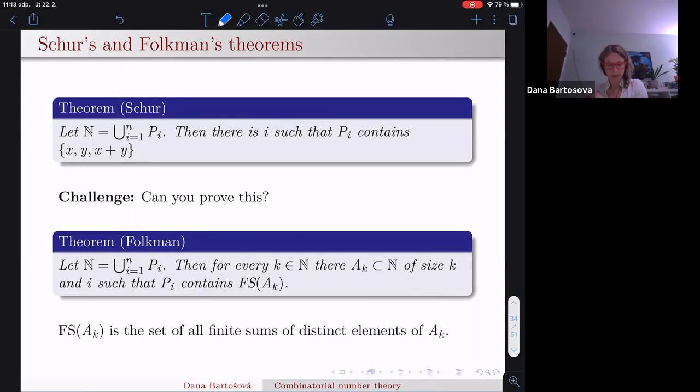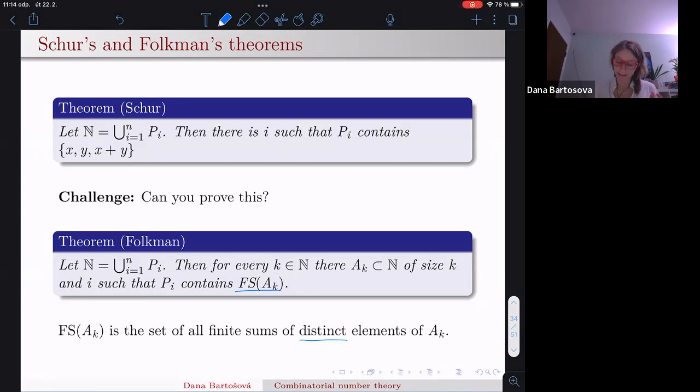Okay, so instead of just x, y, and x plus y, I might have x, y, z, and x plus y, y plus z, x plus z, and x plus y plus z, right? And it keeps growing. So this is the notation for the finite sums. This is the set of all finite sums of distinct elements of A_k. Really, here we only have finitely many things, and we do not let them repeat, and I really have only finitely many summands.